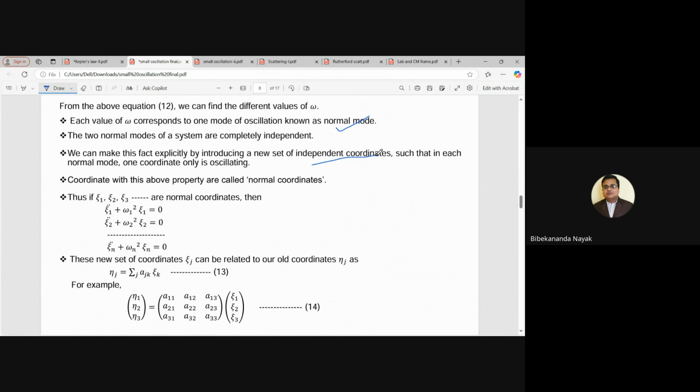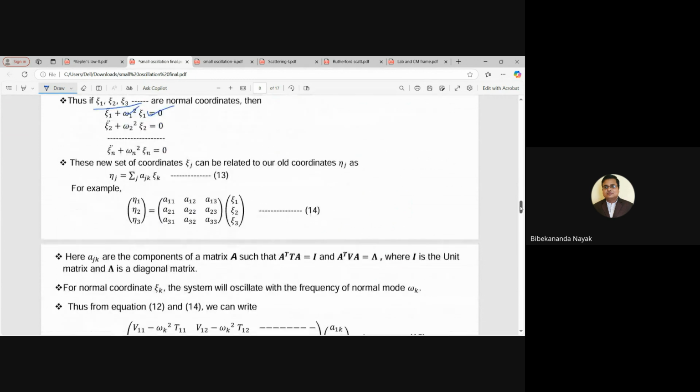We can make this fact explicit by introducing a new set of independent coordinates. Each mode has one coordinate that is called a normal coordinate. If there are so many oscillations, then there are so many normal coordinates. Suppose for omega 1 frequency oscillation, zeta 1 is the coordinate, omega 2 zeta 2. By setting this, there is a slightly simple calculation.